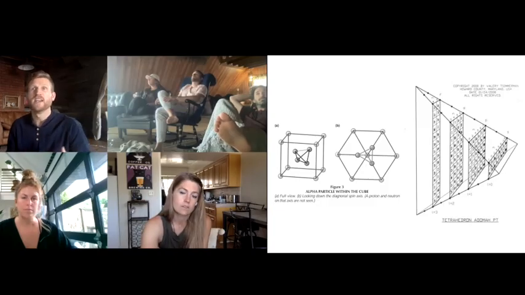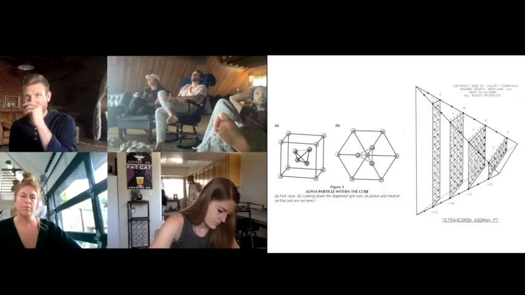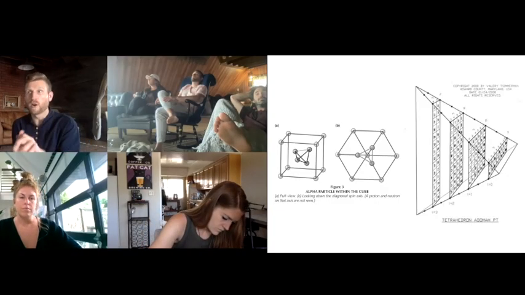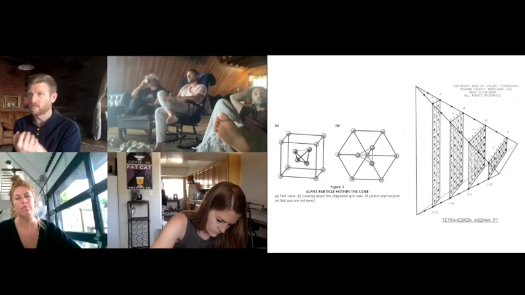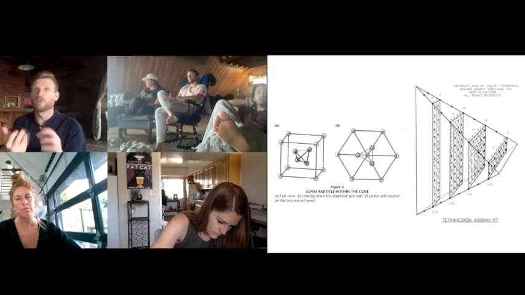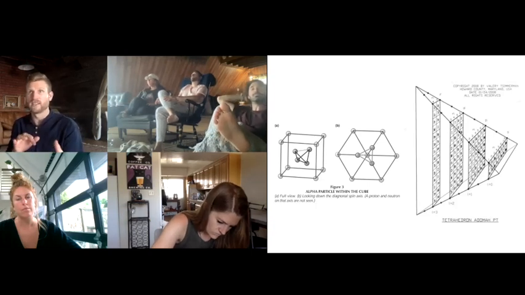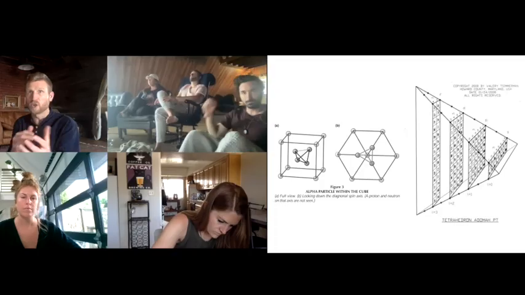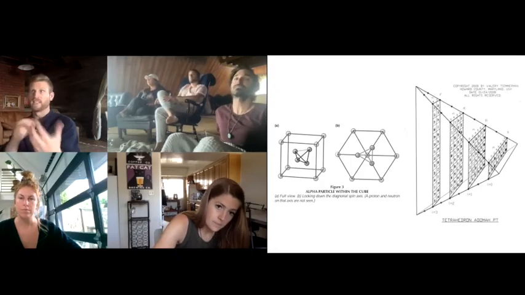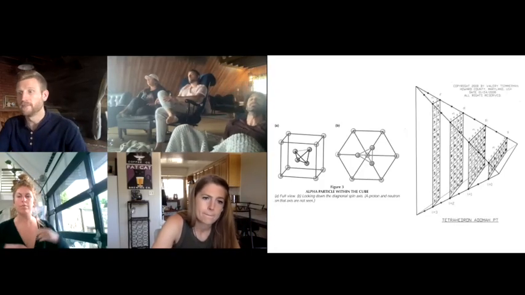There's something elegant about that, isn't there? Where at the very core of the whole thing is the tetrahedron, just flipping back and forth, being sort of self-referential, self-stable. It's a neutron, right? It's self-neutralizing.